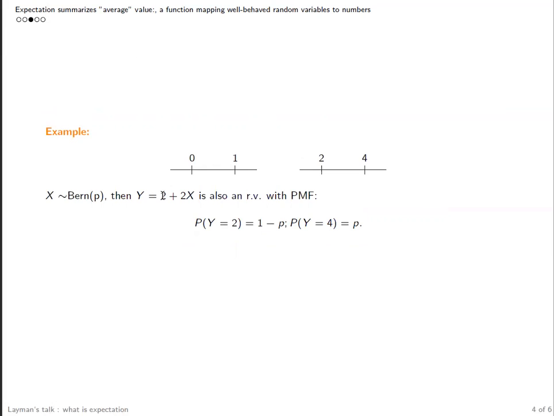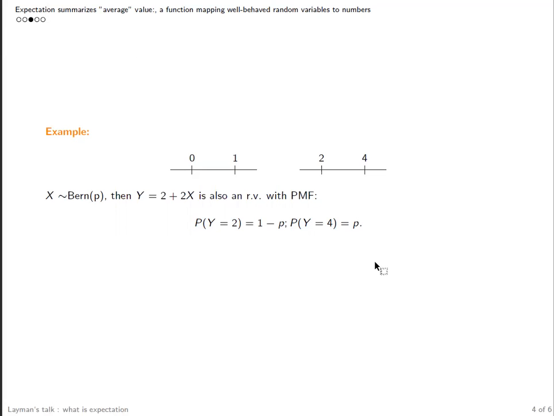Take another example. Consider a function of this random variable X, a linear function, Y equals 2 plus 2X. It is also a random variable. Based on the construction, it's easy to say that the probability of this new random variable Y equal to 2 equals the probability of the event X equal to 0, which is 1 minus p. And the probability Y equals 4 is essentially equal to p, the probability of the event X equal to 1.